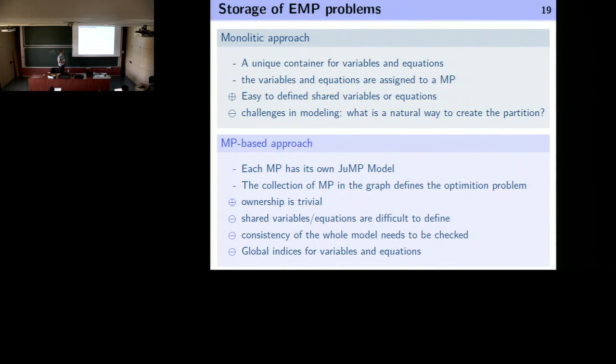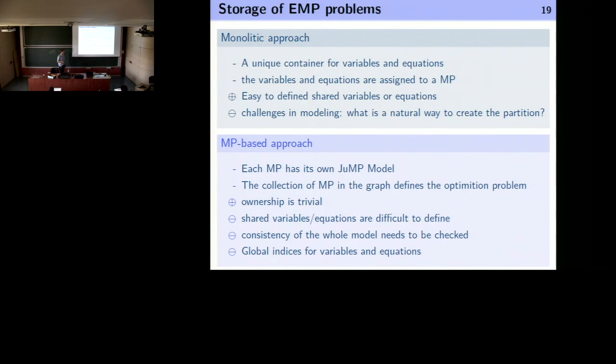The main challenge here is how to allow the user to nicely define this partition. In a mathematical program-based approach, each one has its own JuMP model, and the collection plus the graph information gives you the whole problem structure. Then, for ownership, you know which variable or equation belongs to each mathematical program.